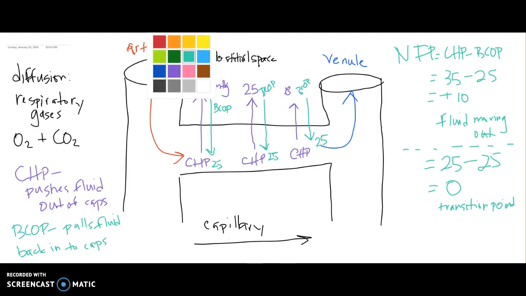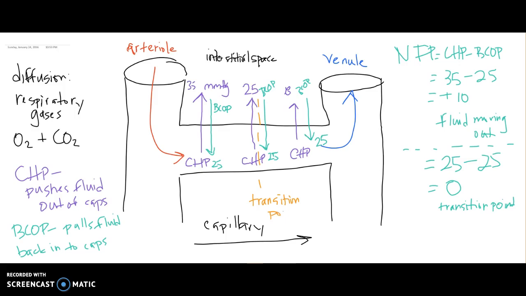On your illustrations, this transition point is often marked with a dotted line. From the arterial side to the dotted line, fluid is being pushed out, and from the dotted line to the venule side, fluid is being pulled back in.